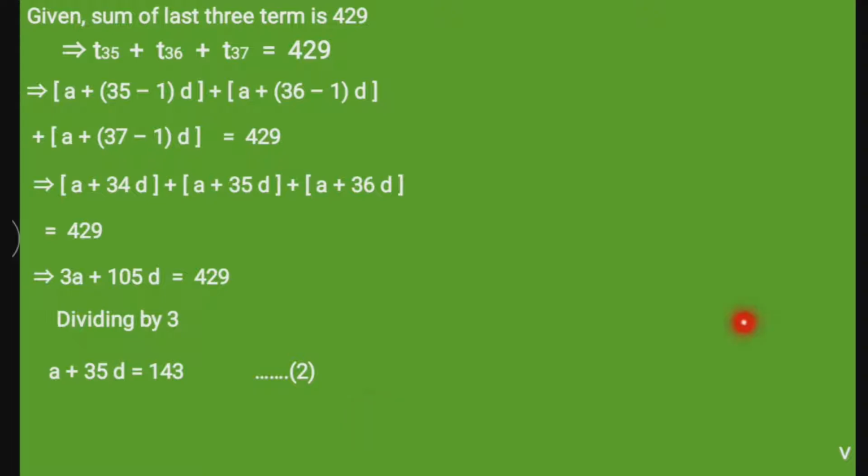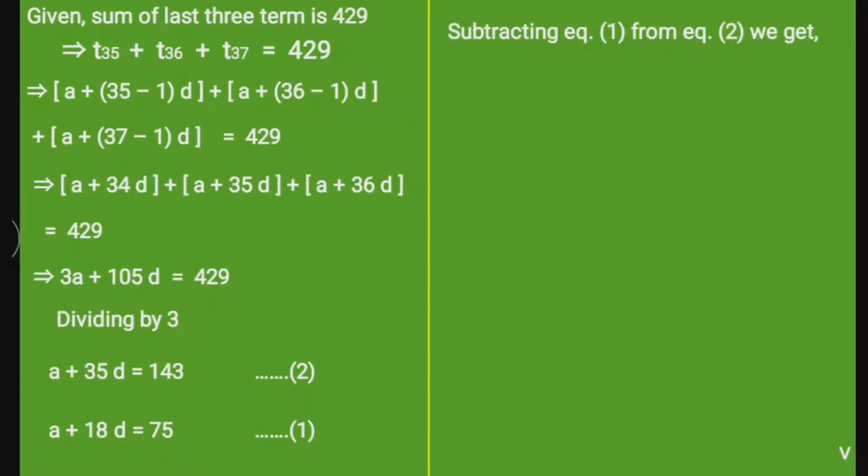Now we have to solve equation 1 and equation 2 for value of A and D. So we subtract LHS of equation 1 from equation second.